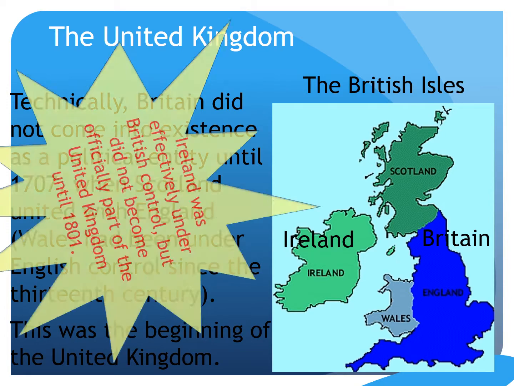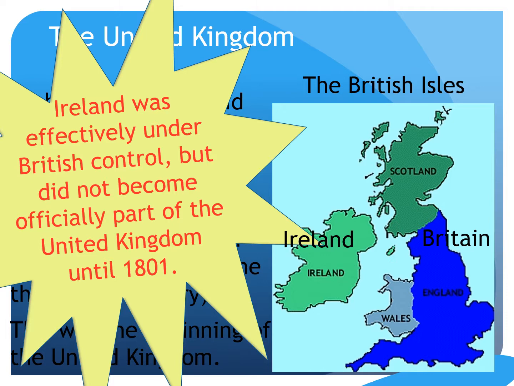And then we get Ireland. Basically, England controls Ireland at this time, but it's not united until the beginning of the 19th century, until 1801. And then it becomes the United Kingdom of Great Britain and Ireland.